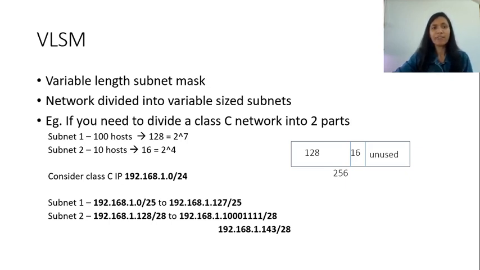But in case of VLSM, you can have 16 addresses being used. That is, you can have 14 usable addresses allocated to subnet 2, which has reduced your wastage tremendously. And hence VLSM is going to help you utilize your IP addresses more optimally.